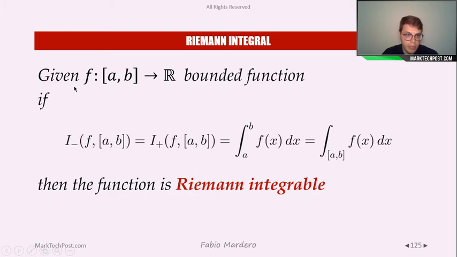And wrapping up, given a function that goes from [a,b] to R as a bounded function, if the lower integral is equal to the upper integral, then we write the definite integral in one of these two following ways, and we say that the function is Riemann integrable.